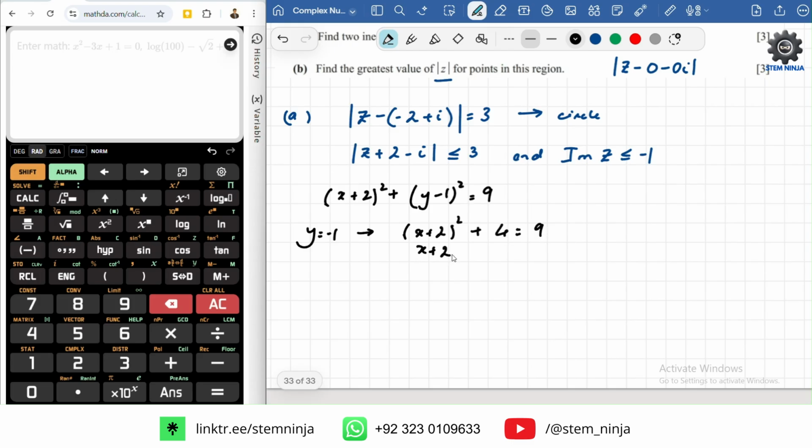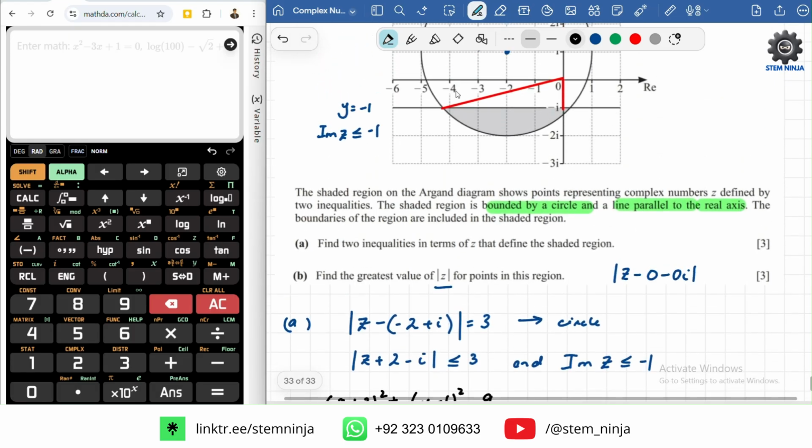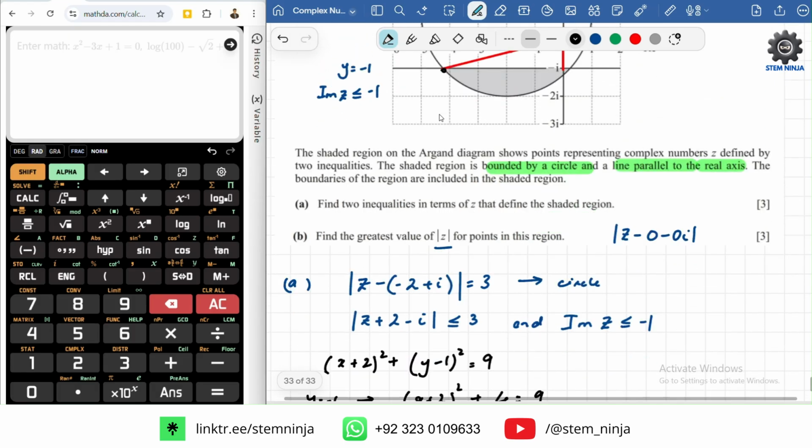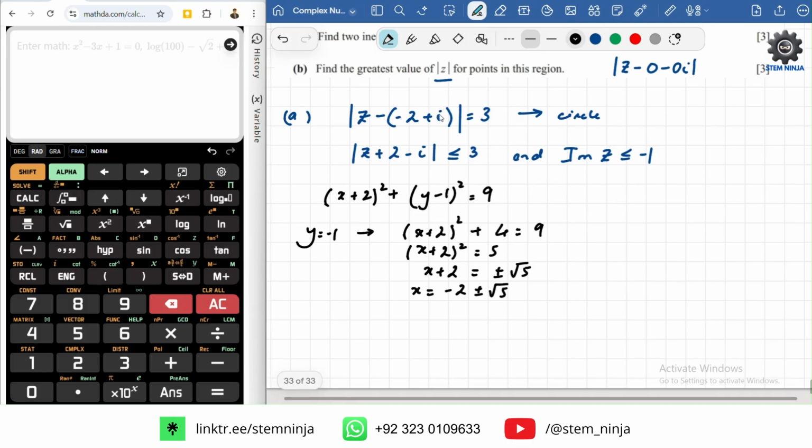So x plus 2 whole squared is equal to 5, which means that x plus 2 is equal to plus minus root 5. So therefore x would be minus 2 plus minus root 5. We're clearly looking for this one, so the x value is minus 2 minus root 5.